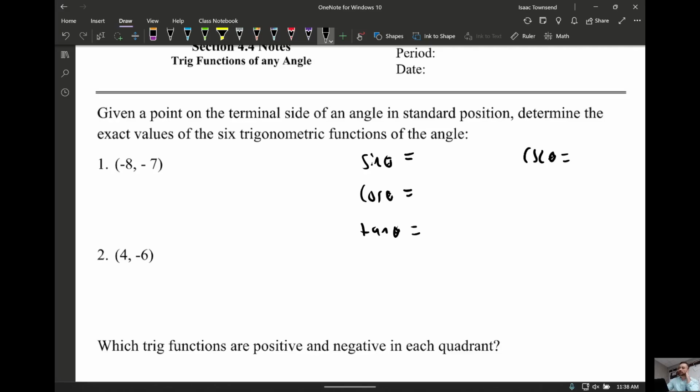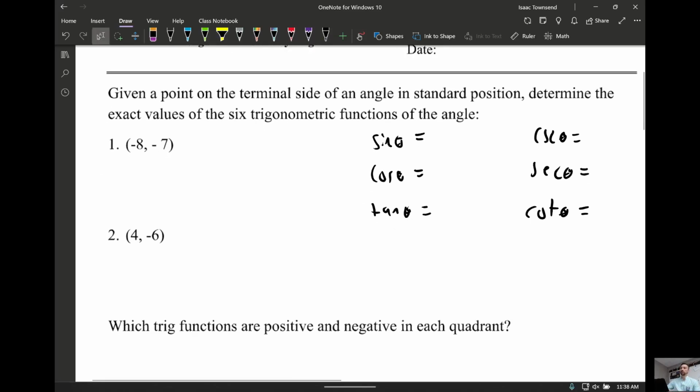And in just a second, you're going to see sine, cosine, tangent still comes from SOHCAHTOA. And then, of course, if you know sine, cosine, tangent, you can still flip those over to get secant, cosecant, cotangent.